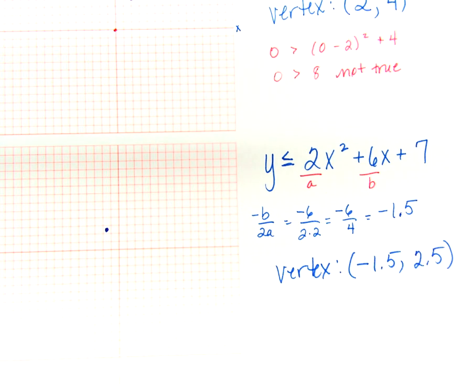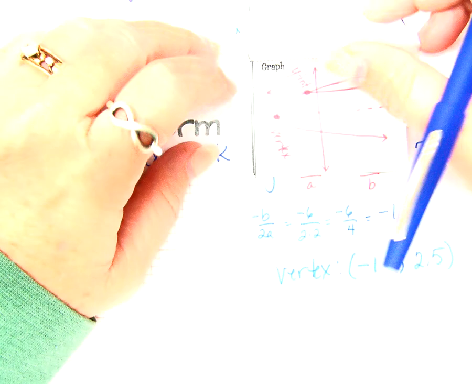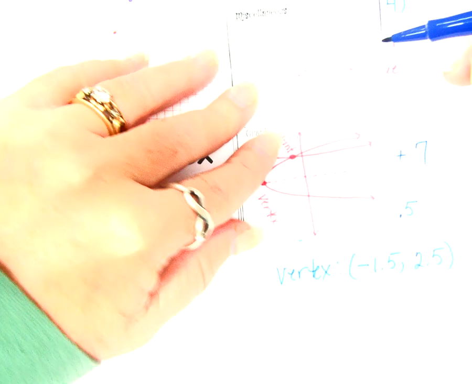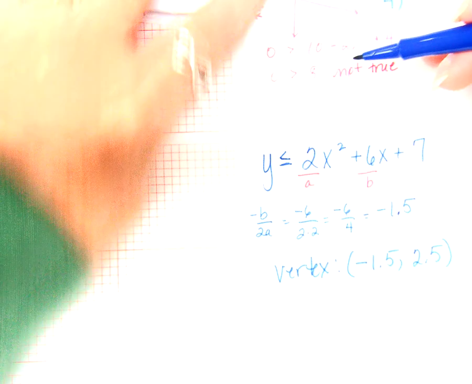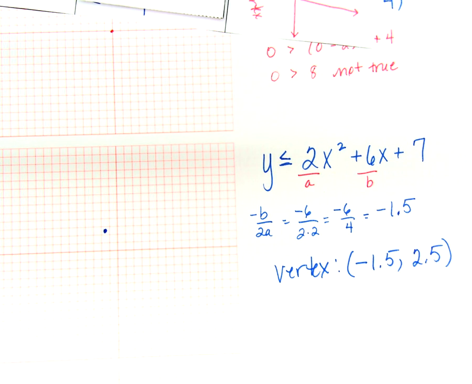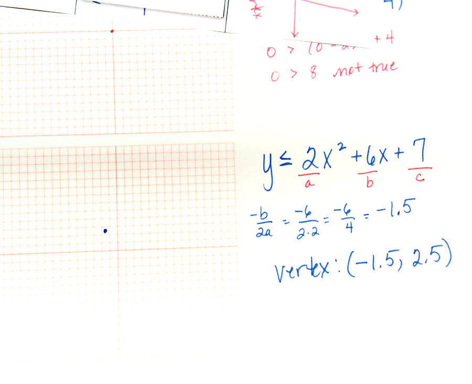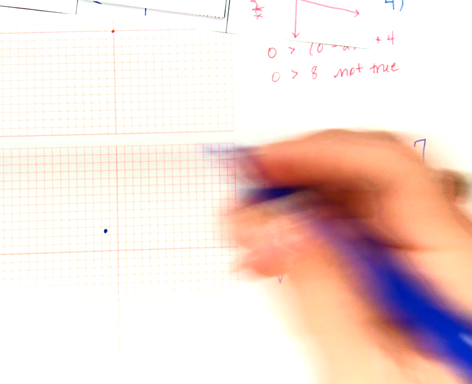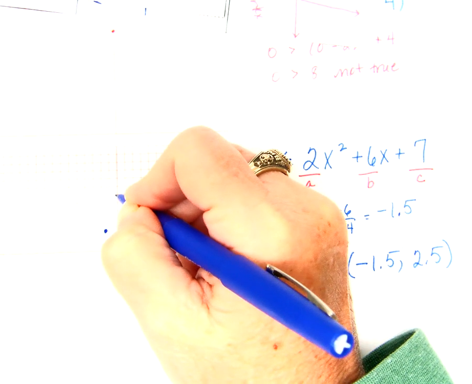Now, I have a couple options here. Okay? I could remember that I have this foldable and use it to my benefit, and remember that the y-intercept is c, and I could look at my equation and see c and know it crosses the y-axis at 7. 1, 2, 3, 4, 5, 6, 7.